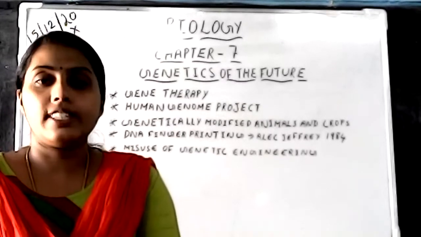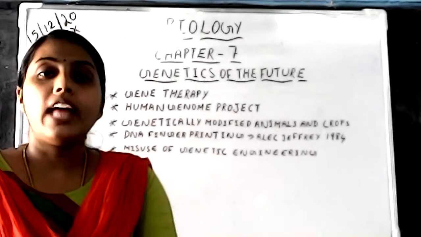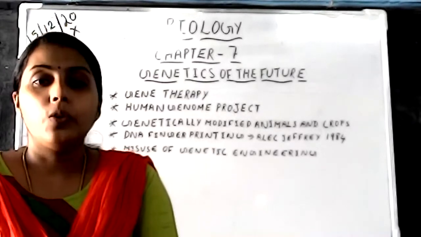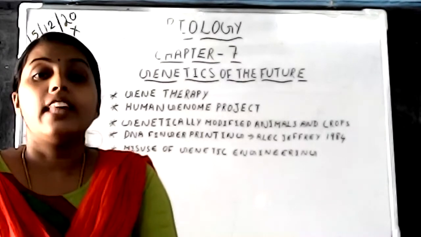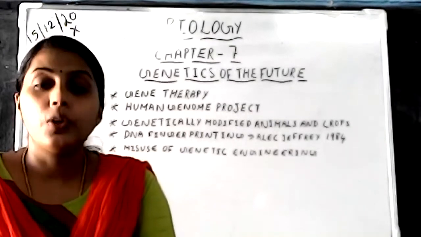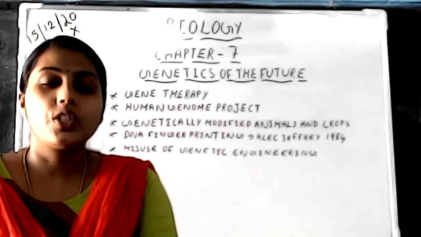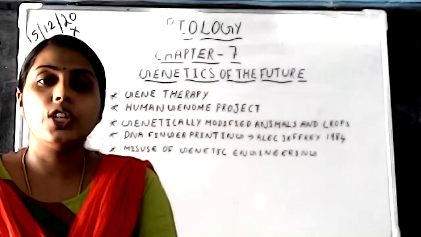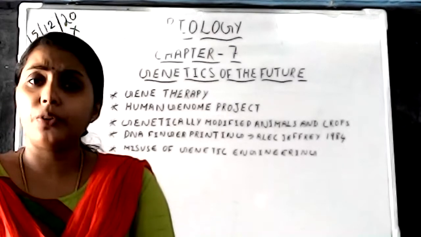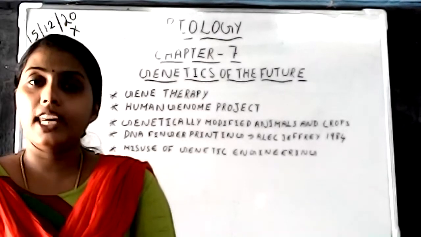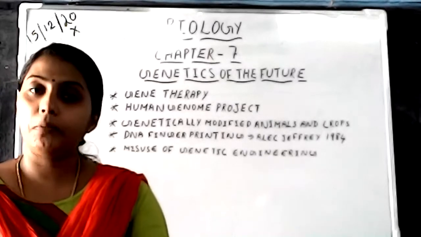Ligase is known as the genetic glue. With the help of this genetic glue, we join the insulin-producing gene that we have cut from the human DNA to the DNA of the bacteria. Is it clear for you? In the bacteria also, what is the genetic material?